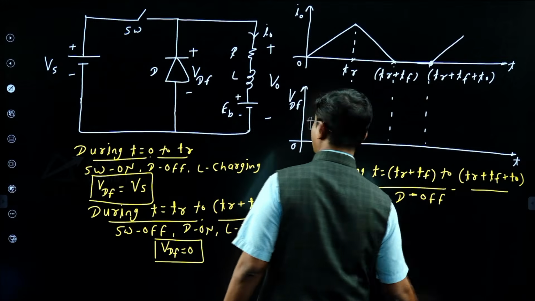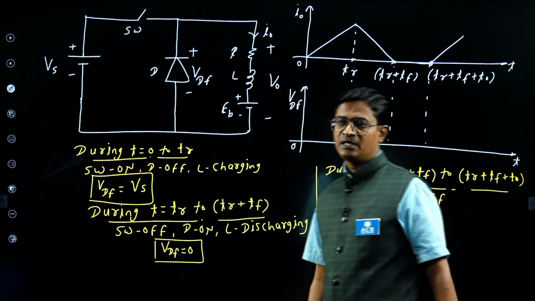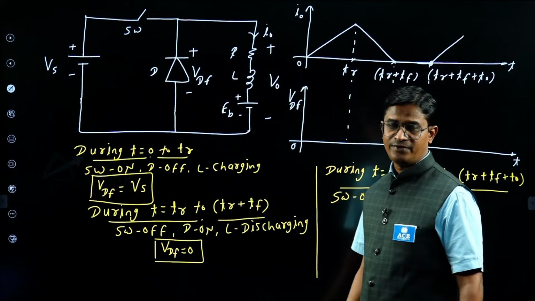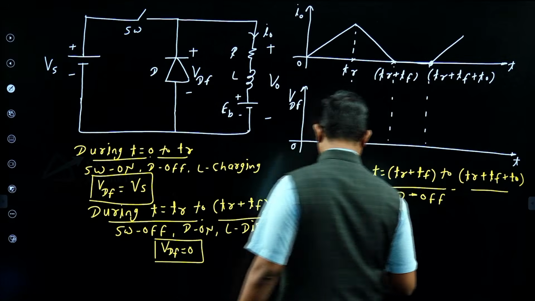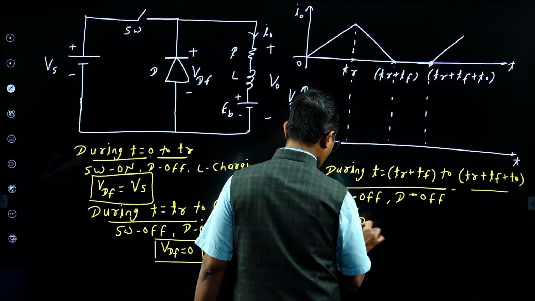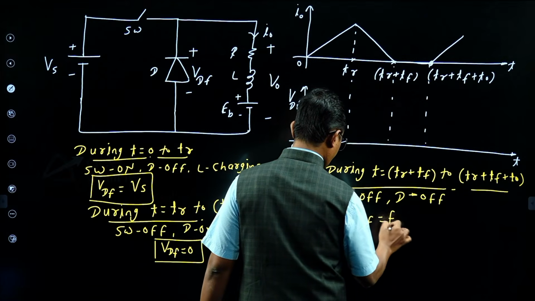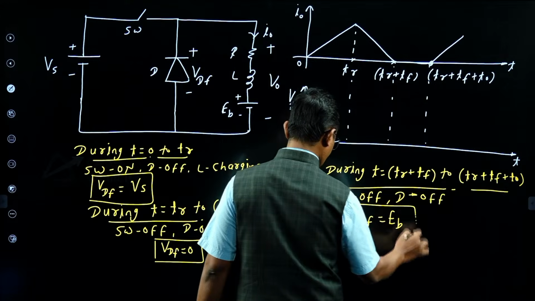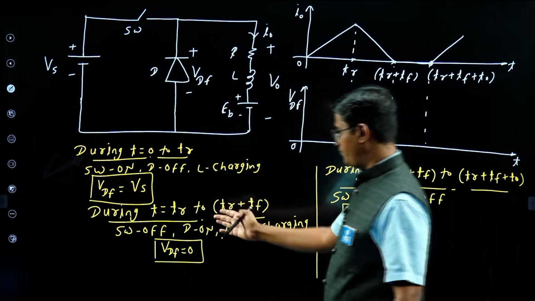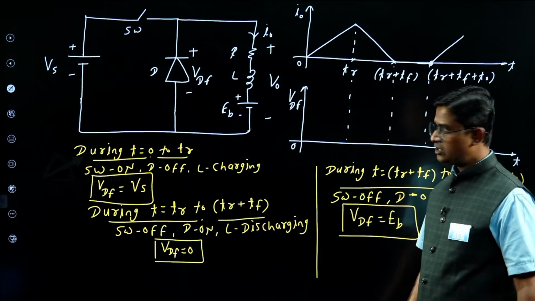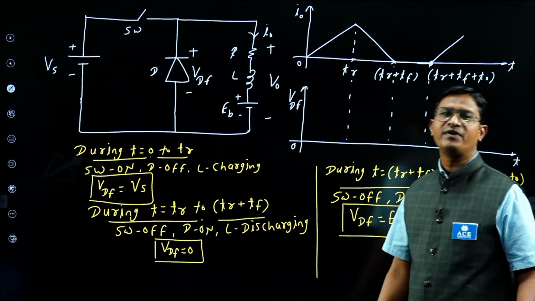If both are in off state, then what is VDF? VDF equal to EB. Right? Yes. So these are the values of VDF during the different intervals. Now from this, let us draw the plot for VDF.